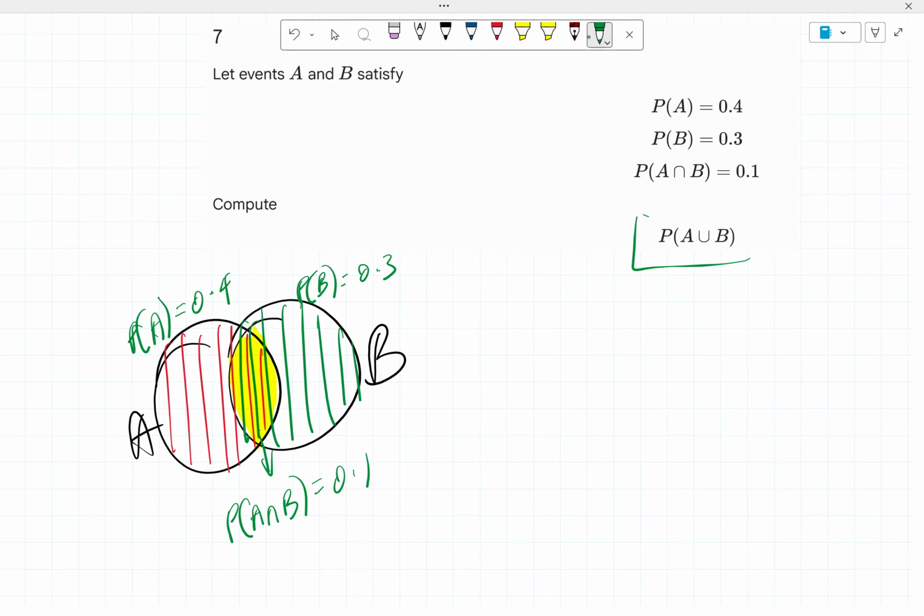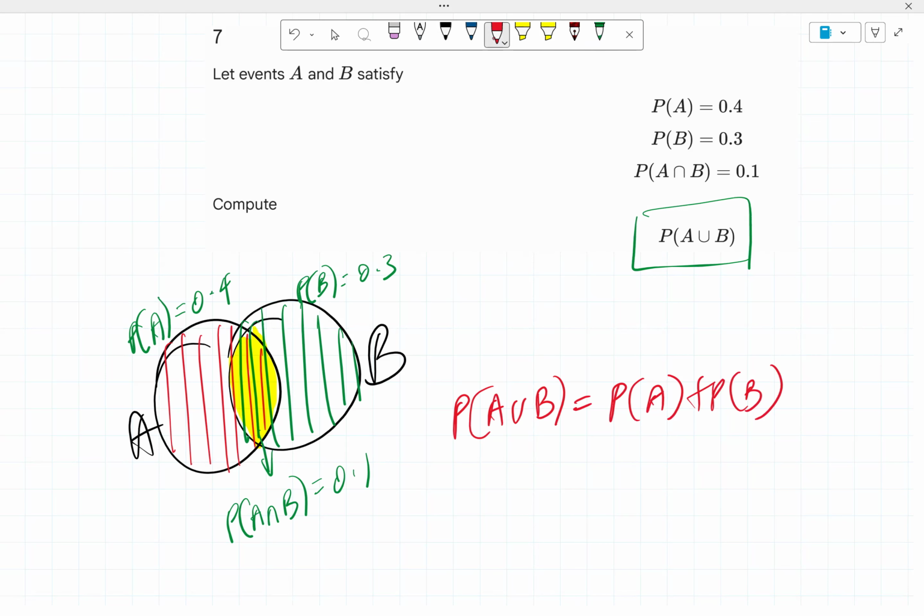We are looking for probability A union B. So probability A union B is equal to probability of A, which is the whole of A, but inside it the intersection is there. Then plus probability of B, inside B the intersection is still there. Because the intersection is appearing twice and we want it to appear only once, we now have to subtract.